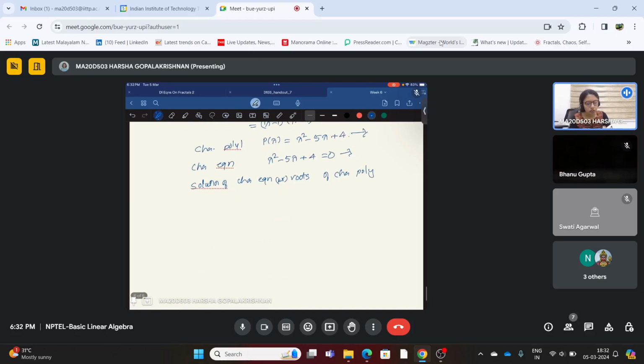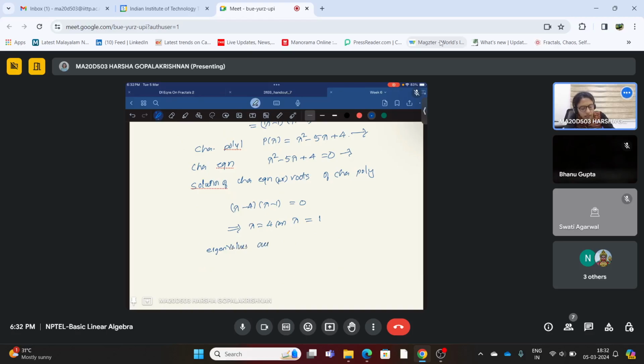We already got that lambda square minus 5 lambda plus 4 is the same as lambda minus 4 into lambda minus 1. That means lambda equals 4 or lambda equals 1. So the roots we obtain are the eigenvalues.